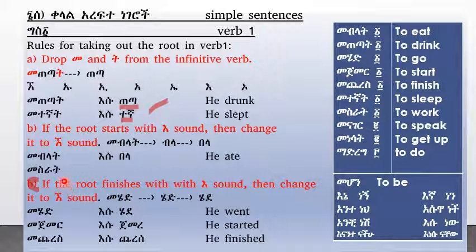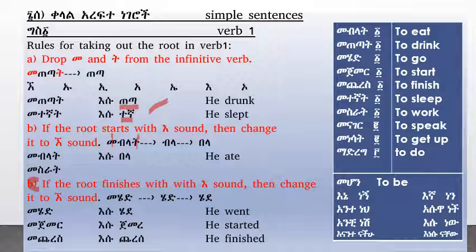Now, another additional rule with this: besides dropping me and t, some of them also need more actions. If the root starts with the first-order sound, like when you cut me and t from መብላት, we get bla, but it has to be ba.